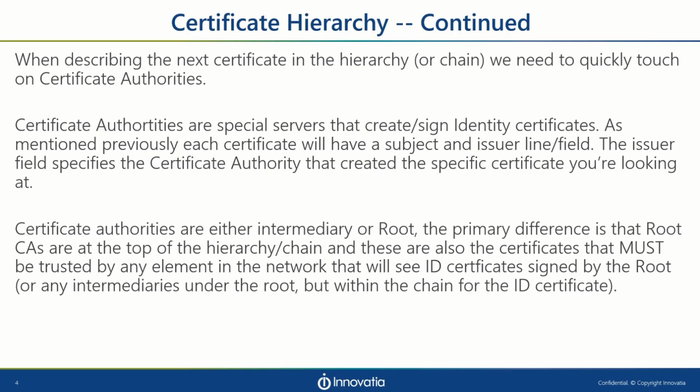So, a base identity certificate is going to have been created by an intermediary certificate authority, and the certificate authority itself will have an ID cert that was generated or created by the next certificate authority in the chain. Most of the time, you'll have your base ID cert, maybe a single intermediary, and then you'll get to the very top of the hierarchy, which is where the root certificate authority sits.